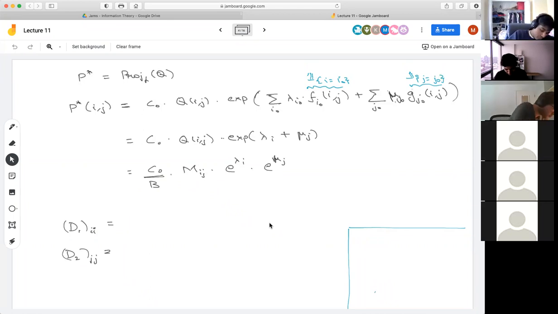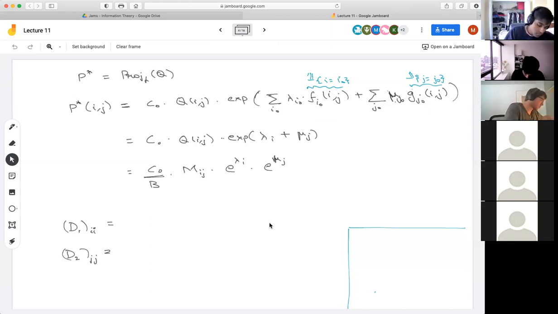So in particular, when we are summing over all these terms, if we are calculating for a fixed ij, only one of these will be non-zero, in particular corresponding to the first coordinate of that tuple ij. Similarly, here only one term will be non-zero, and so we'll just get e to the lambda i and e to the mu j.